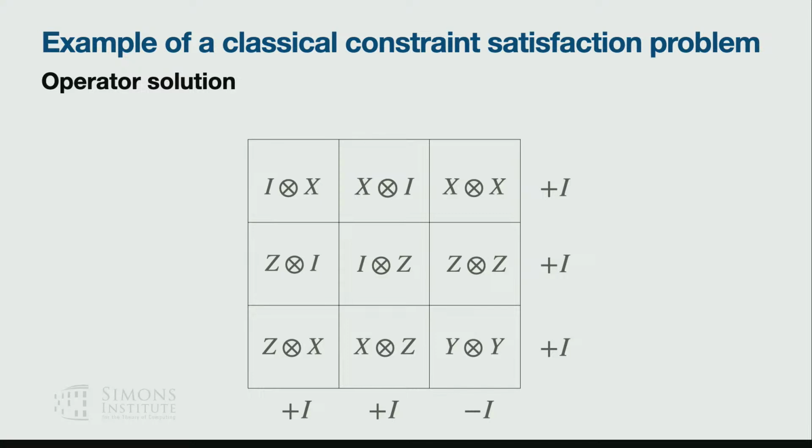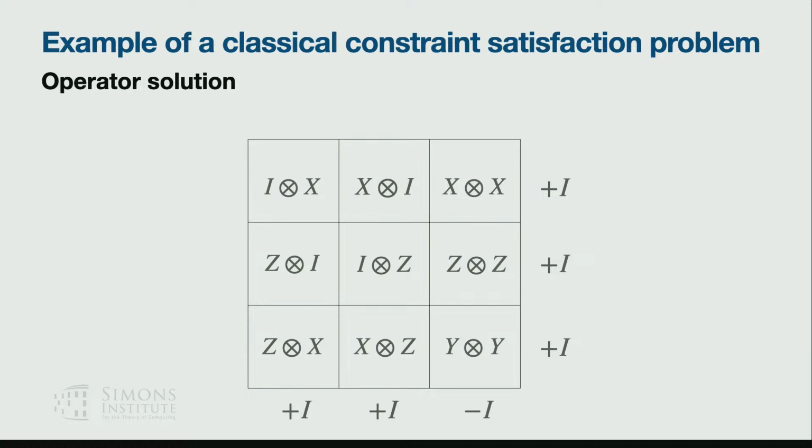This distinction, scalar versus operator, that we could solve this constraint satisfaction problem perfectly in the operator world, and this exact problem of magic square is at the heart of many applications in quantum information. A lot of quantum protocols start by taking this magic square and the fact that we can solve it in the realm of operators perfectly, and we cannot do that in the classical. It has a lot of applications, for example, in quantum cryptography.